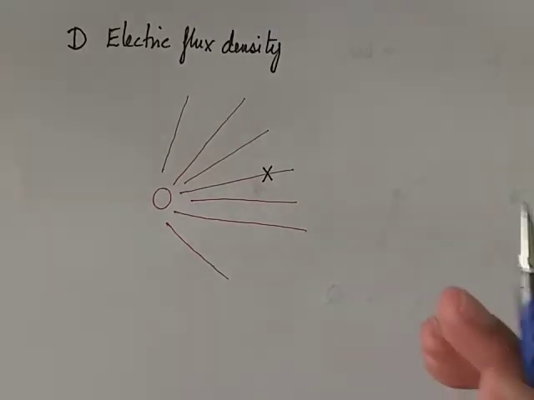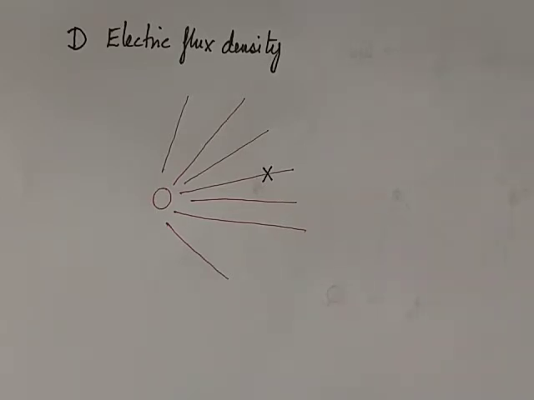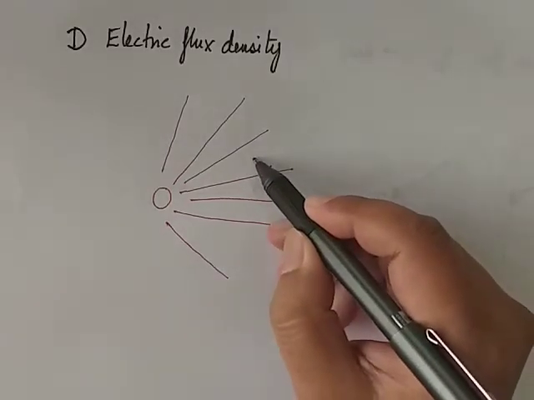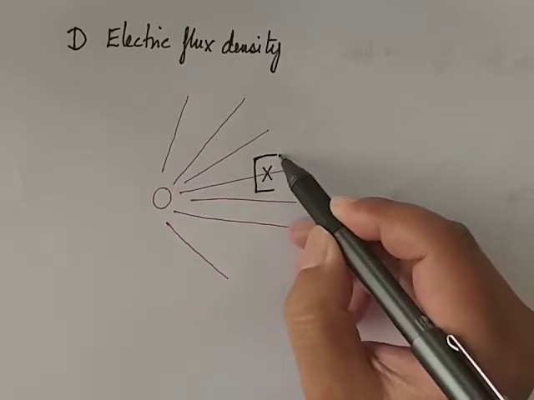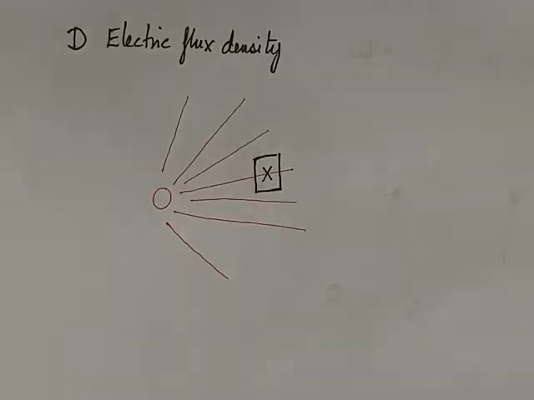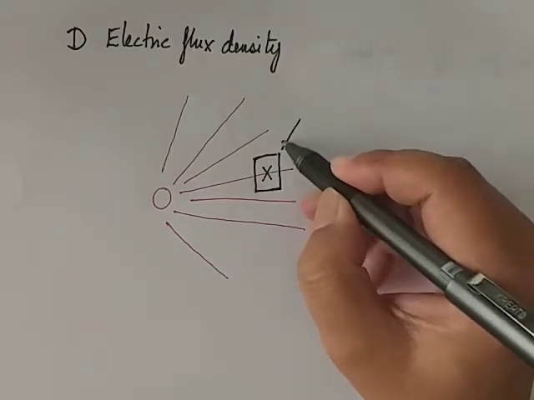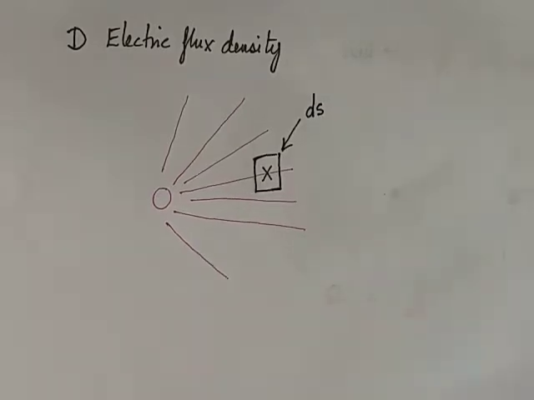So in order to support my argument, I'm going to create a sample area because I'm going to put a limit. The area must be small, meaning it has an area given as dS.